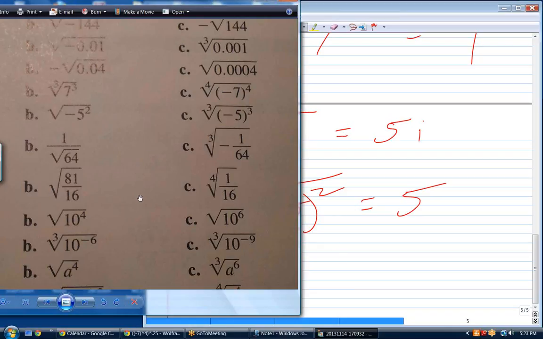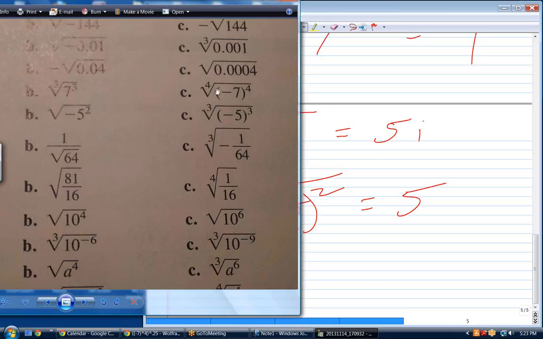So are you supposed to do everything that is the most inside first and then work your way out? Yes, that's what I always do. If you have a bunch of nested parentheses, that's exactly what I do. And I do think that's the rule of thumb. I'm not positive with that.